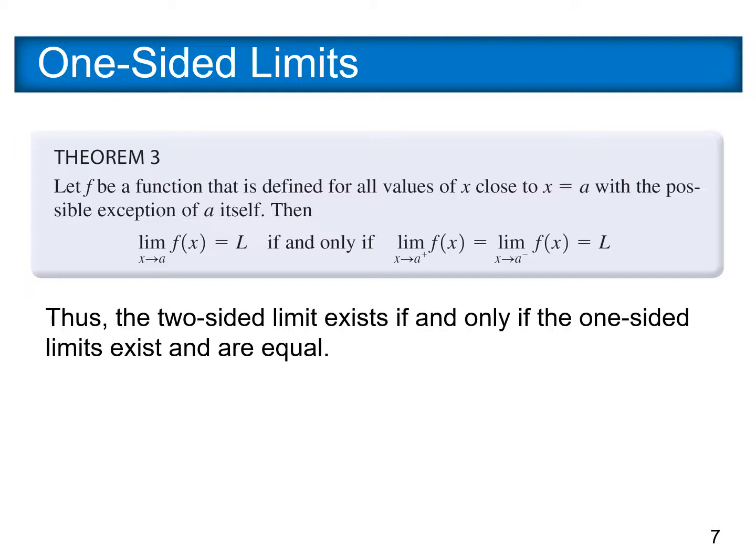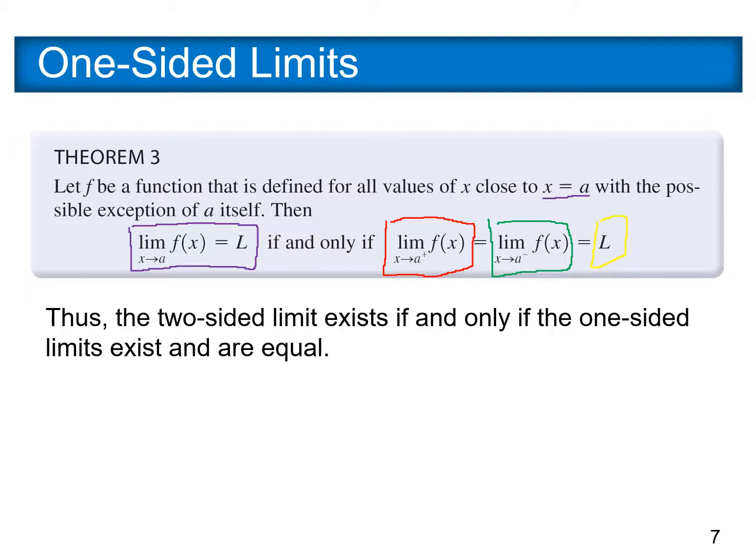Now we have this theorem 3 related to limits. Basically it tells me that if we let f be a function that is defined for all values of x close to a specific point x equals a, with the possible exception of a itself, then the limit of f of x as x approaches a is equal to L if and only if both the right-hand side limit, inside the red box, and the left-hand side limit, in green here, are equal to the same value L, which is in the yellow box.